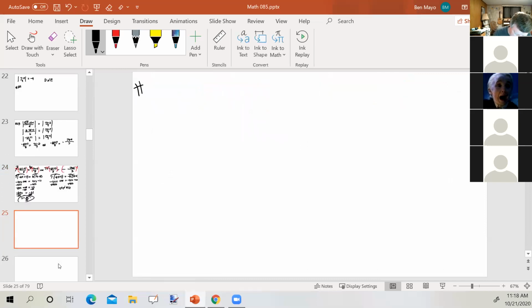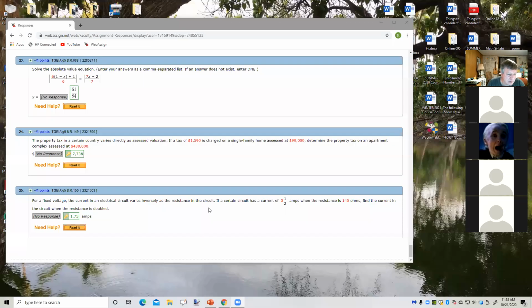I'm going to look at number 24, which is right here. Property tax of a certain county or country varies directly as assessed valuation. So we're going to say tax equals KV. Varies directly.